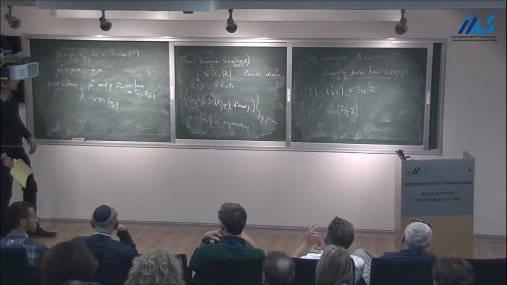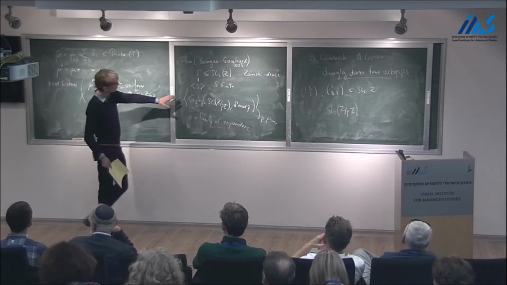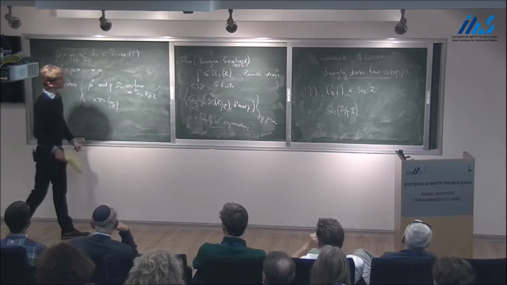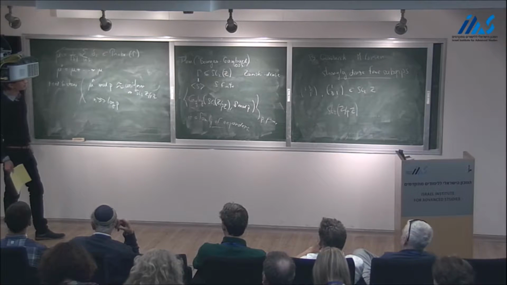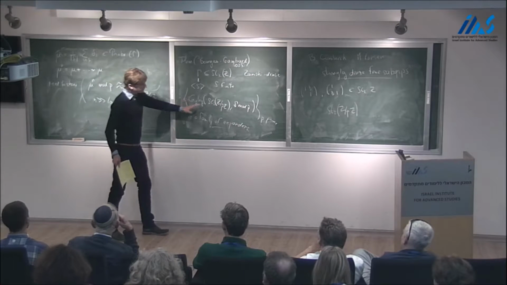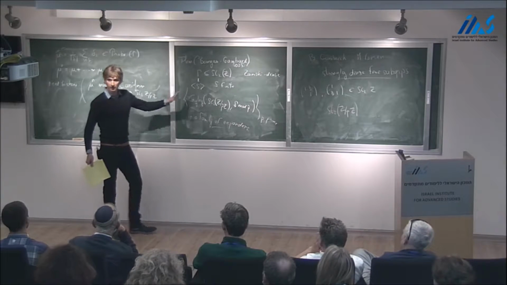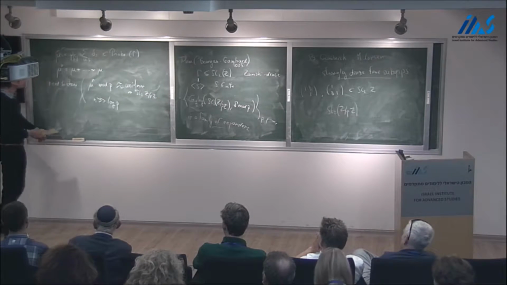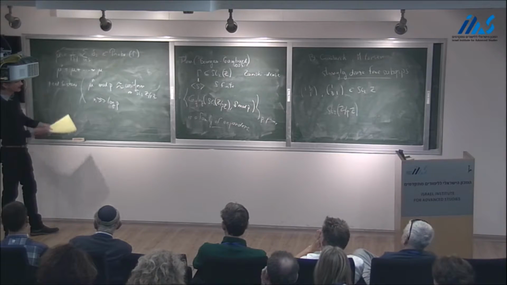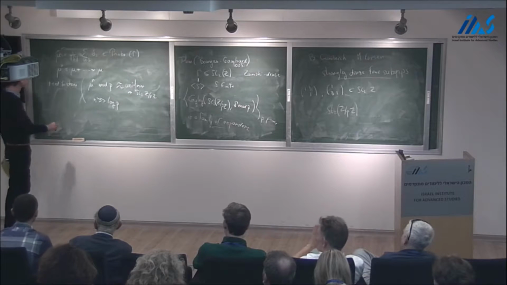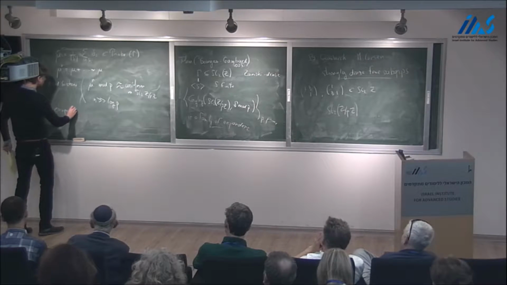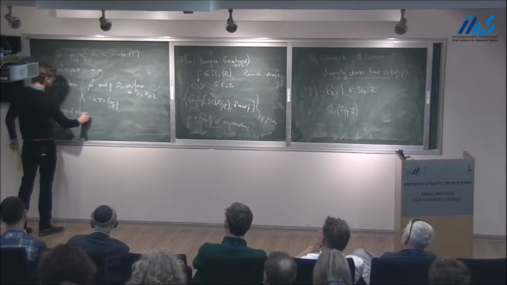Another idea was the classification of approximate subgroups of SL2 Z mod pZ, and this was Helfgott's groundbreaking work at the same time. And then there is a third ingredient, which is what I'm going to talk about, which is an escape from subgroups estimate.